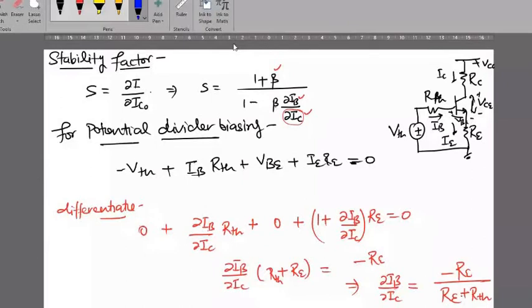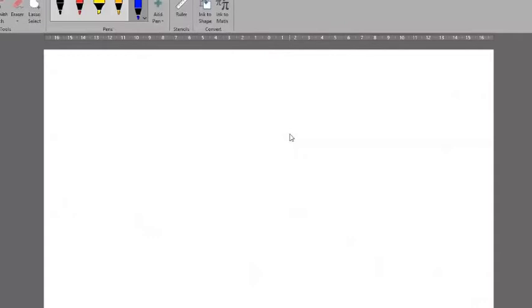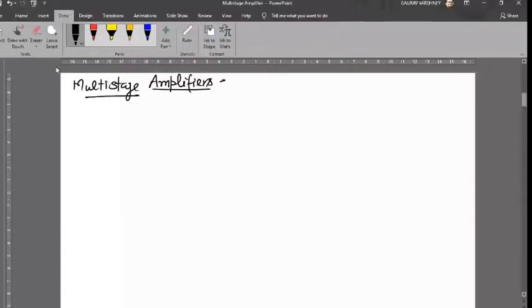So now I can go towards the multi-stage amplifier. There are several multi-stage amplifiers.